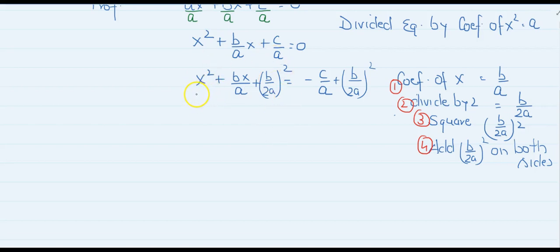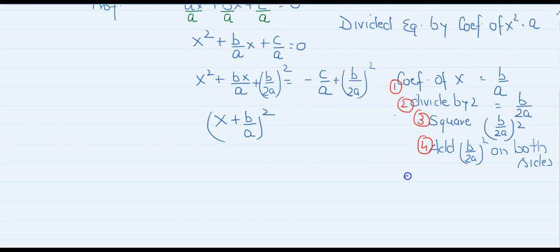Now this expression, x² + (b/a)x + (b/2a)², will be equal to (x + b/2a)².